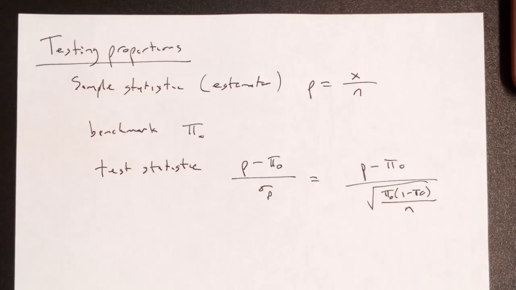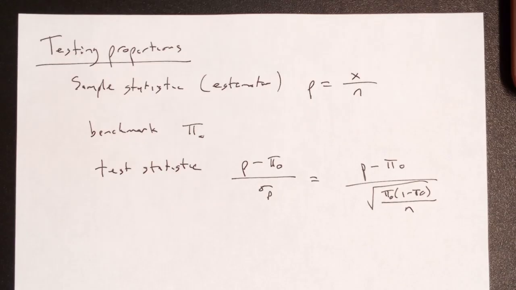For the means, we had a z-test or a t-test, depending on what. Right, and if I knew the standard deviation, I used z, and if I didn't, I used t. Here, my standard deviation is based on my benchmark, which I know.